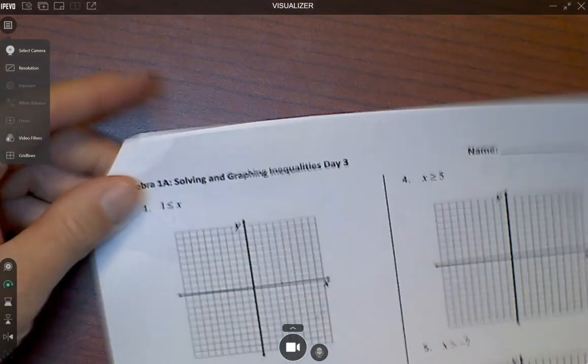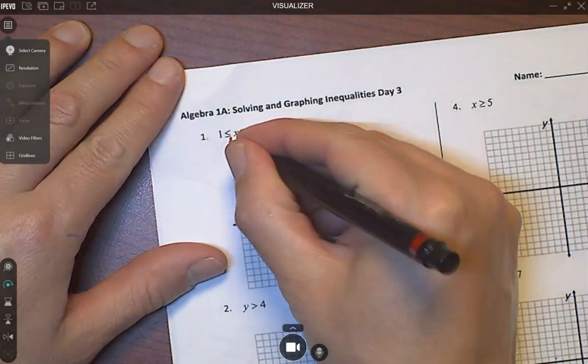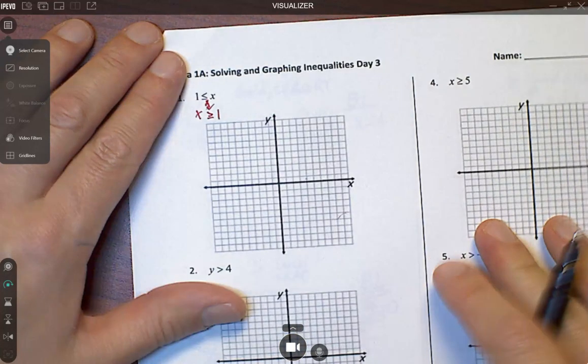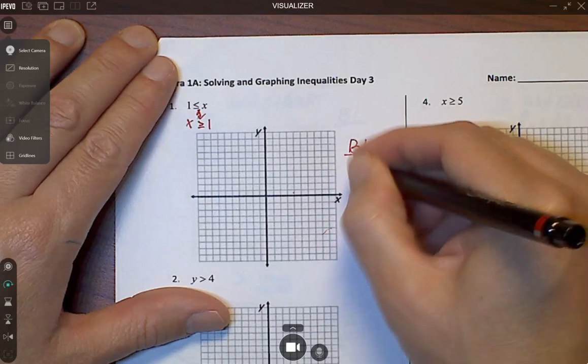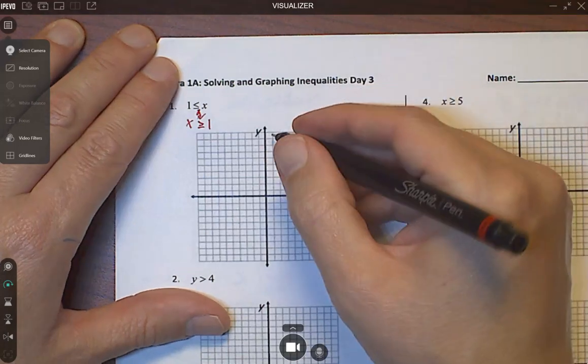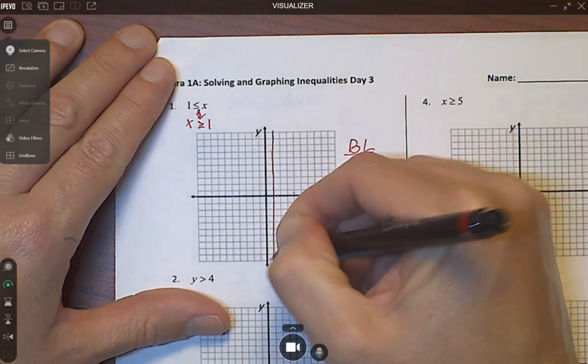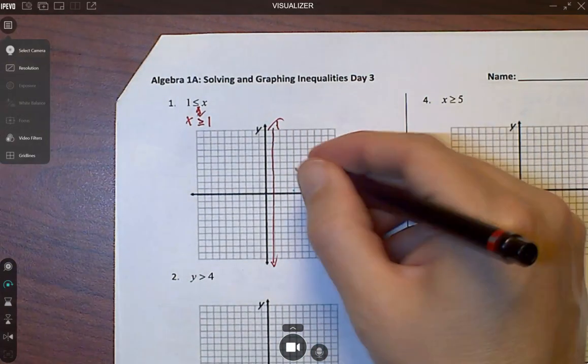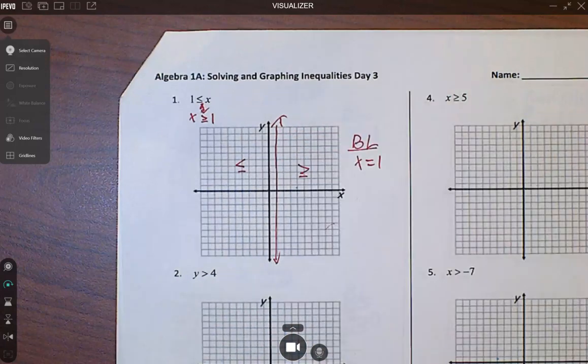Last page. x's have to be bigger, greater than or equal to 1, boundary line. So we're going to go solid. Line at 1 where x is 1, greater than's this way.